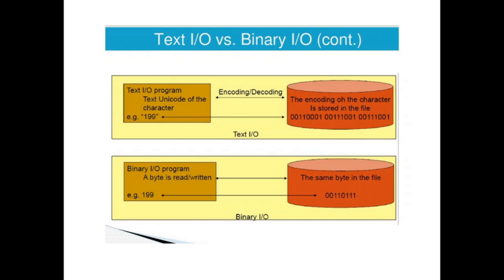But in case of binary input output, there is no encoding and decoding, because it is able to read the data type. So a byte is read or written. So 199 will be converted to 0, 0, 1, 1, 0, 1, 1, 1. Here the encoding and decoding is taking place for text, but we don't need any encoding and decoding in case of a binary input output program. That's why it is faster.